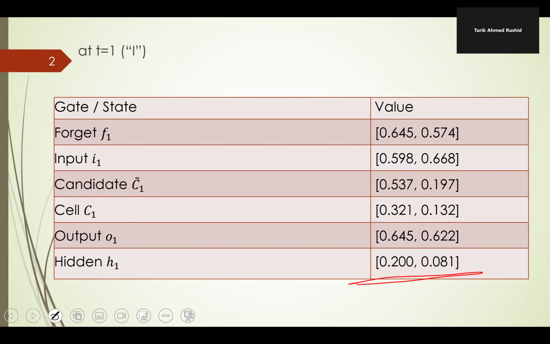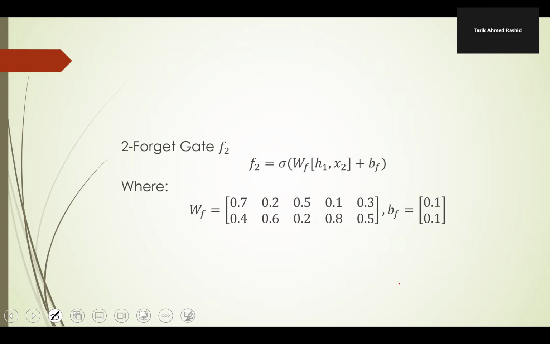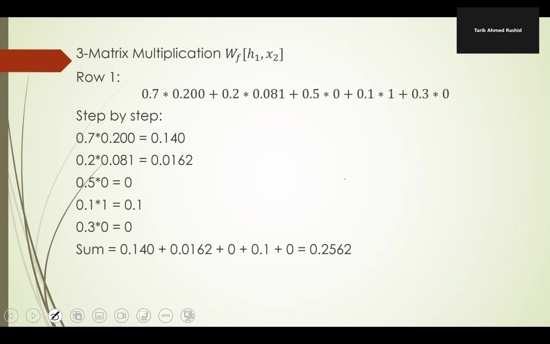We concatenate these two, and then it will be dimension 1. Now for the forget gate, we will have sigma of the weight matrix of the forget gate, times the concatenated input with hidden, plus the bias. So now this is the input that we have.